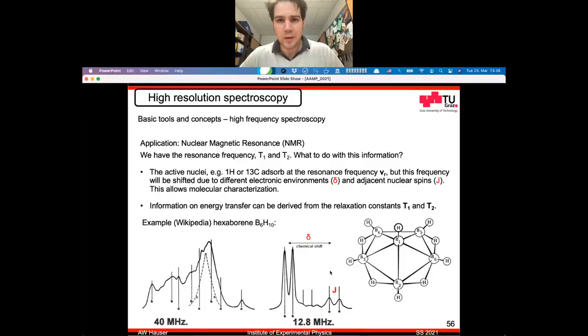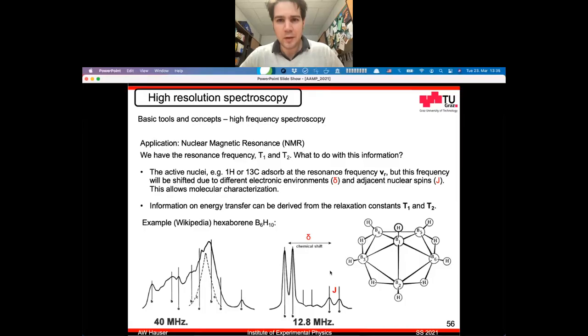look at a certain spin, for example, you are looking at the proton, so H1, or for example, carbon-13, they have a certain typical resonance frequency where they would absorb, which is the flipping of the spin from here to there if there was no environment. But then each of these nuclear spins is embedded in this atom, right?